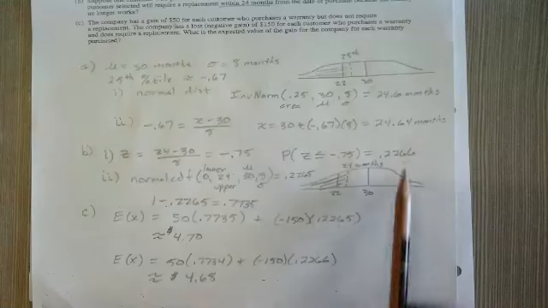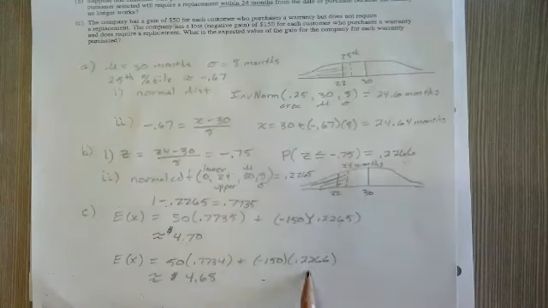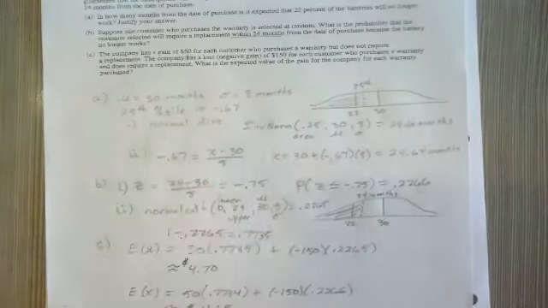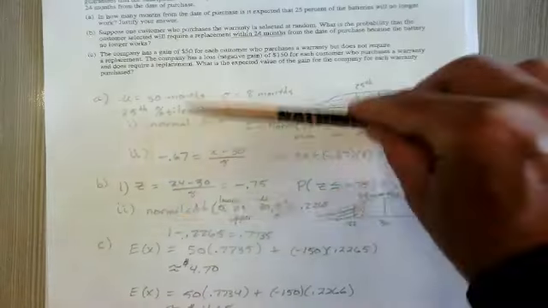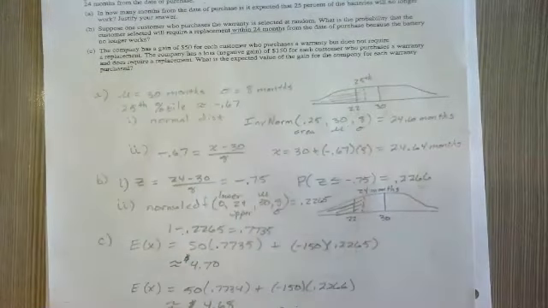Now, if I would have used this number, 0.2266 times a negative 150 plus the complement of this, 0.7734, times 50, and I get $4.68. So on each of these, I've given you two different examples of how to solve them. These two should be easy for you. Expected value, we seem to forget because we haven't done it very much.